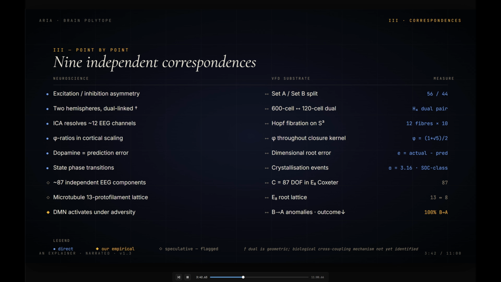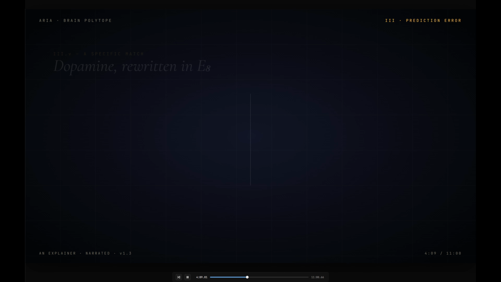Prediction error in dopamine resembles error correction in the dimensional monitor. State phase transitions resemble crystallization events in the area kernel. And the speculative items are where future tests matter most: microtubule lattice correspondences, EEG component counts, and adversity-driven default mode behavior. The point is not that every mapping is proven. The point is that enough mappings align to justify a serious test.